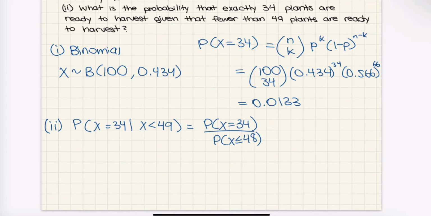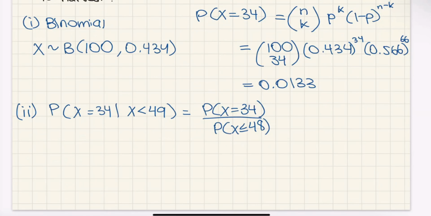So now the question is, how do we find the probability of x being less than or equal to 48? Well, one way to do it is we could find the probability of 0, add the probability of 1, 2, 3, 4, all the way up to 48. However, that is going to take forever. So instead, we're going to find the z-score that matches this and use that to find the probability.